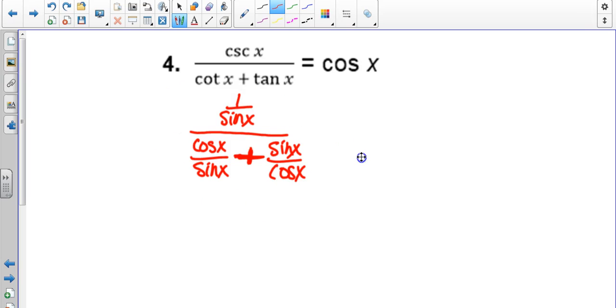Okay, I changed. Remember, that's like the first hint on your sheet of notes yesterday. Change everything to sines and cosines. Okay. Now we're going to use my hint to get rid of the fact that we have fractions and fractions and fractions, okay? What's the common denominator? Be careful for everything. Sine times cosine.